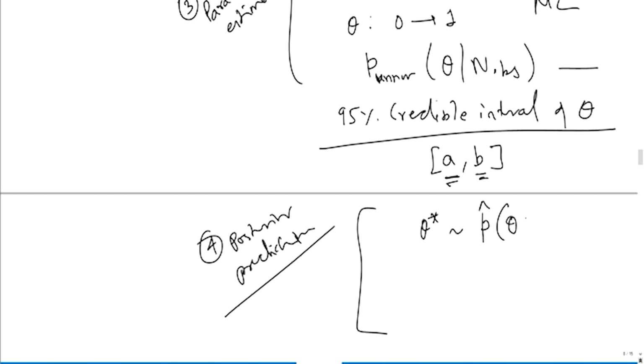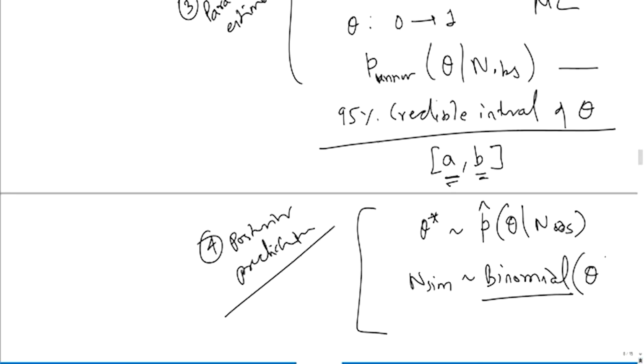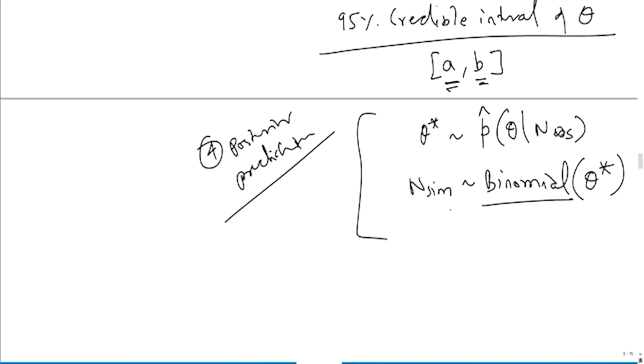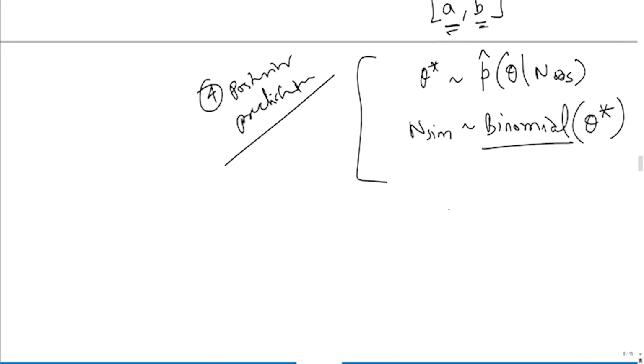So the posterior distribution of theta given the data that you have observed in your experiment, and then conditional on that theta, you can simulate new data from the binomial distribution, the assumption about how the data are generated, given this theta star from the posterior distribution. This will give you posterior predictive samples in the same way as you collected prior predictive samples.